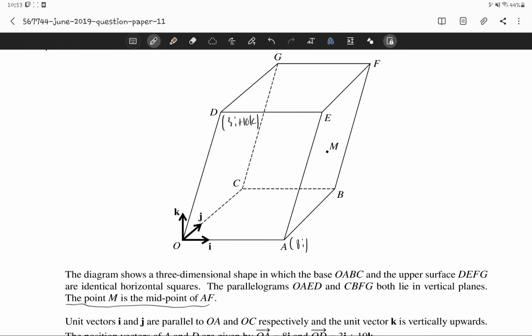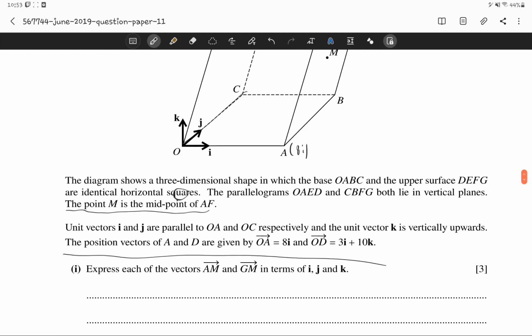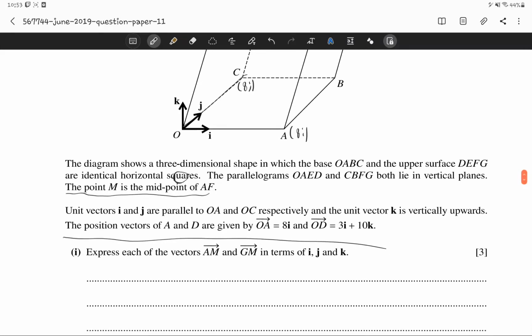Okay, so why does it not give the length of OC? Oh, is it this? Squares? Okay, so I'm guessing this is 8j. Let's go off that.